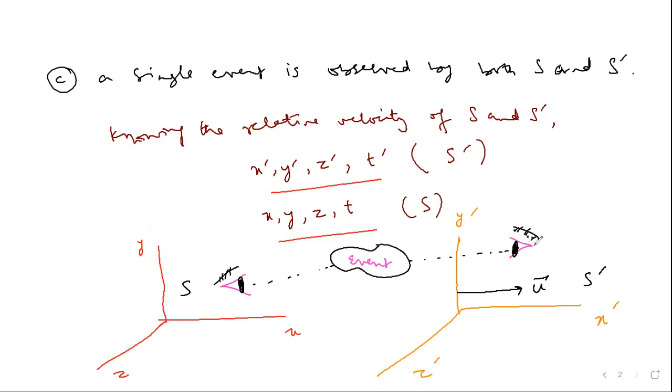According to this S prime observer, the coordinates of the event are X prime, Y prime, Z prime, and T prime.